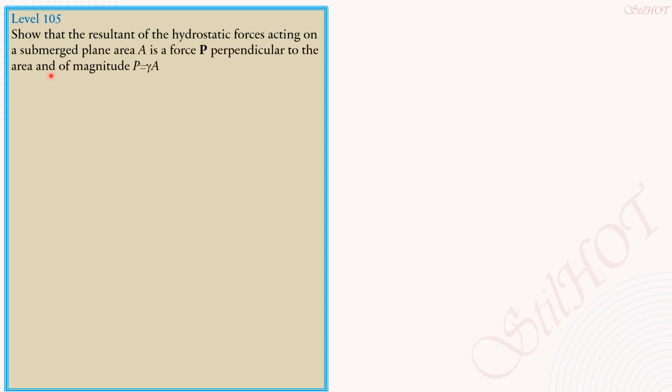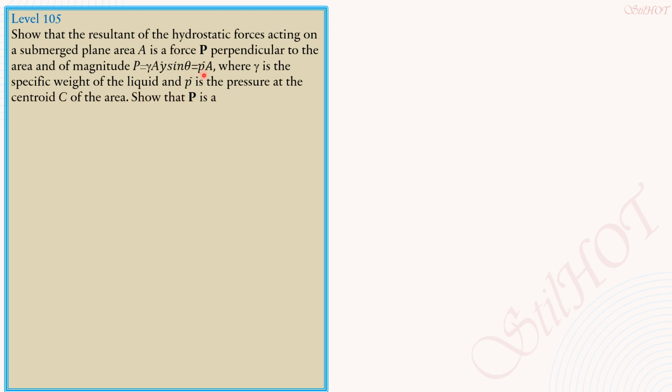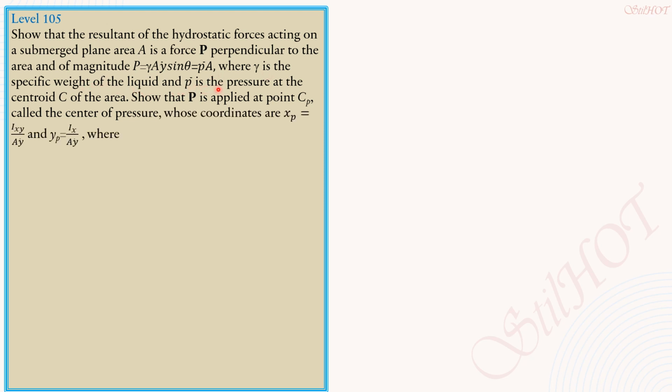Problem 104: Show that the resultant of the hydrostatic forces acting on a submerged plane area A is a force P perpendicular to the area and of magnitude P equals gamma times area times barred y sine theta, or pressure at the centroid of area times area, where gamma is the specific weight of the liquid and P barred is the pressure at the centroid of the area.